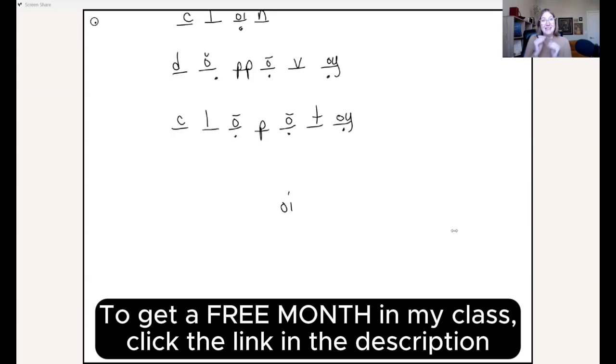Now, as a heads up, you might see an OY in the middle, but usually only if it's at the end of a syllable. It doesn't happen very often, but like in royal, you're going to see that OY at the end of that syllable. But usually, and I mean like 98% of the time, OI is going to be how you spell the oi sound in the middle of words.